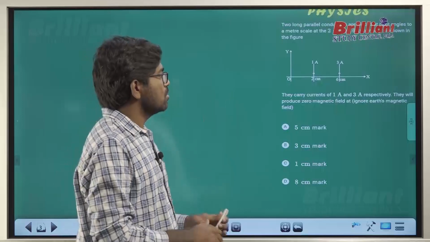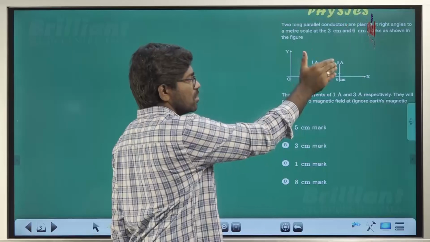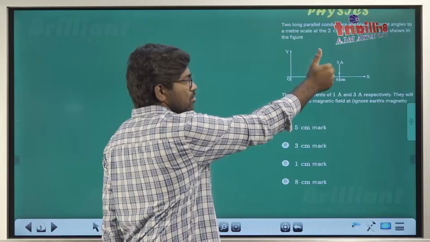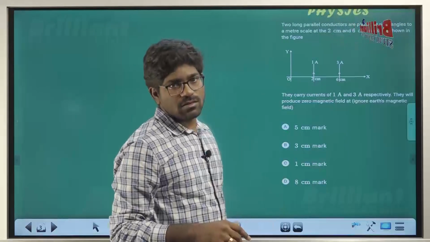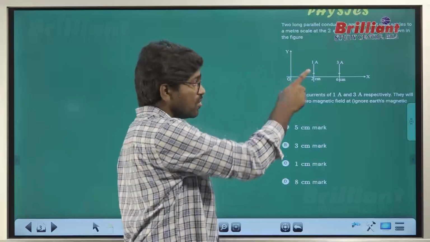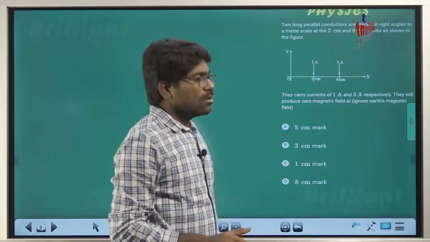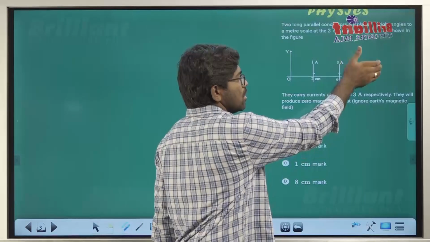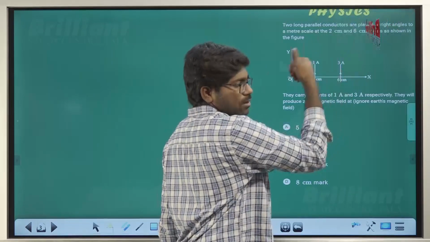Obviously you can see that current is flowing in this direction, right? So there is a magnetic field into the plane in this region. In between the two conductors, the magnetic field is into the plane due to the first one, like this, by Ampere's law. Then due to the other, here the magnetic field is out of the plane.